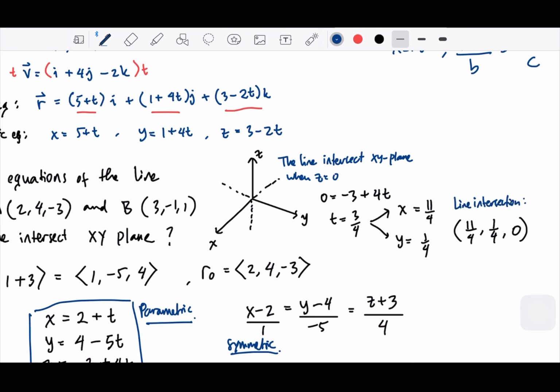So we can have a segmented line. Let me describe it on the next page.